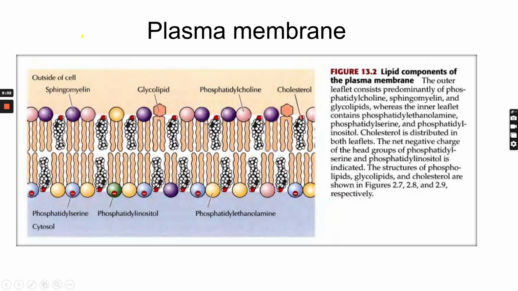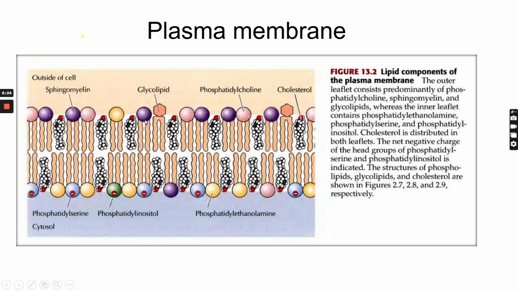Phospholipids and cholesterol are present everywhere, in both the outer leaflet and the inner leaflet. But here you have to see that sphingomyelin and glycolipids are mainly present in the outer leaflet.